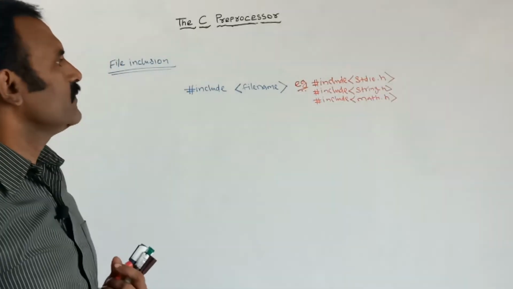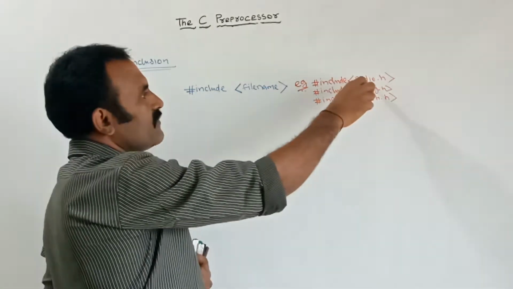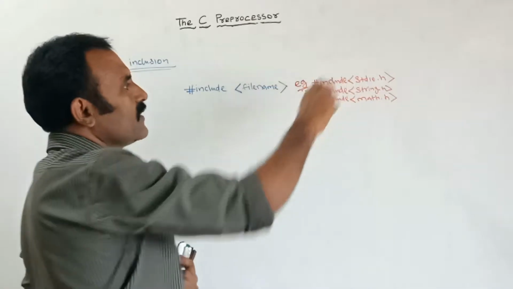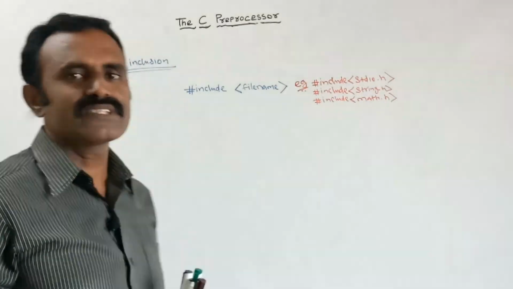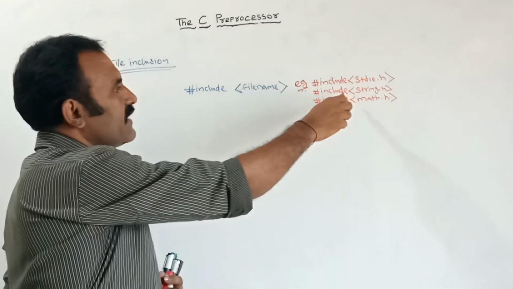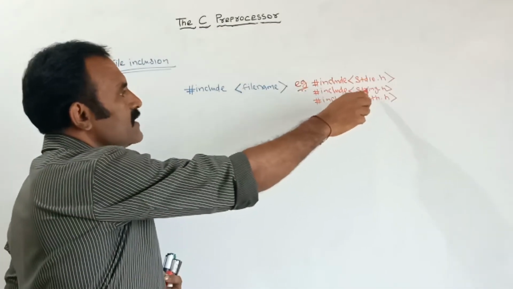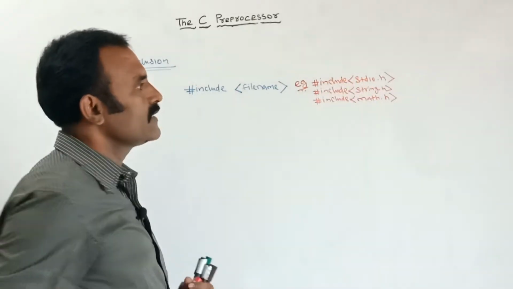If you want to give input and output, you should use these standard library functions; with the help of this header file we can invoke scanf and printf. Next, if you want to manipulate strings, such as finding the string length or comparing, it can be done by including the string.h header file, because those functions are under string.h.